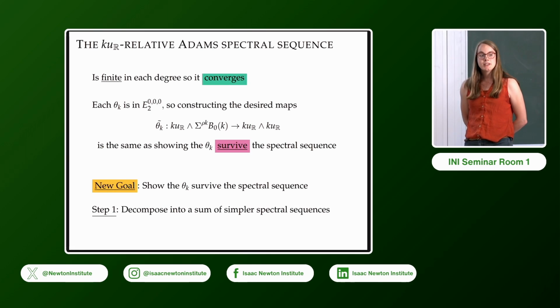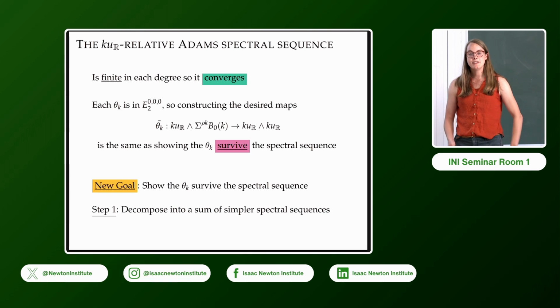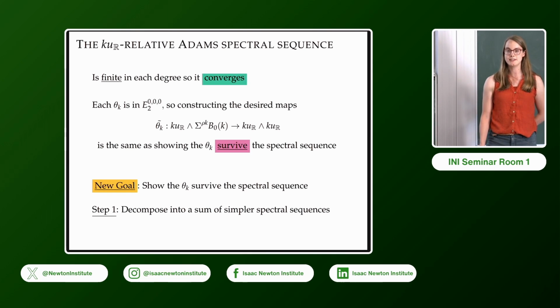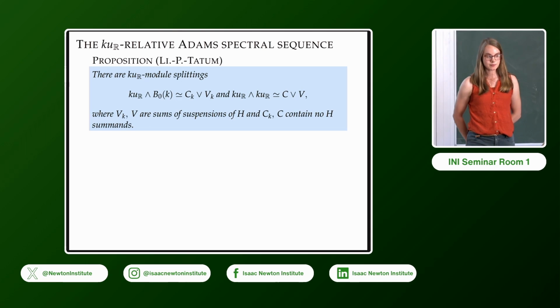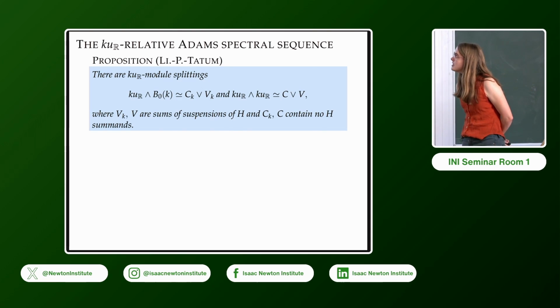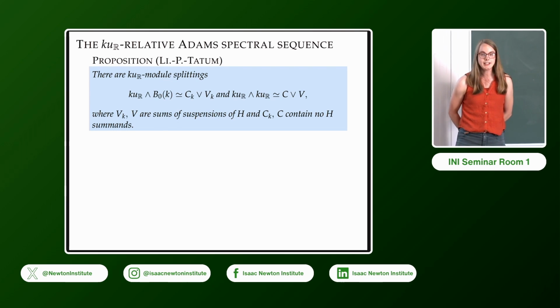And our first step is going to be to decompose the KU_R relative spectral sequence into a sum of simpler spectral sequences. So we begin this process by observing that there are KU_R module splittings.